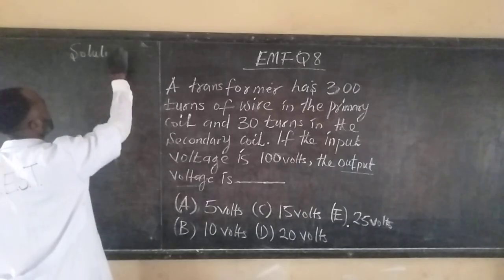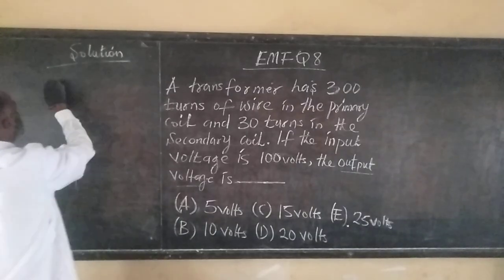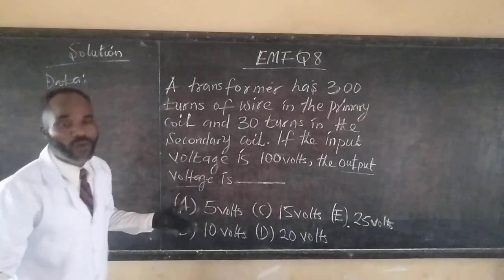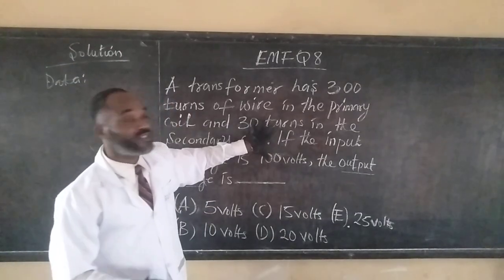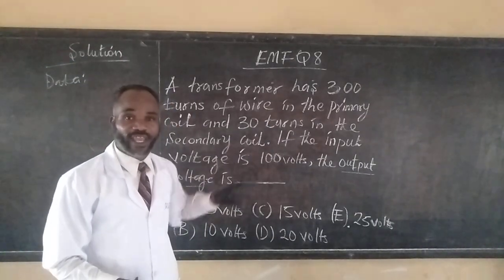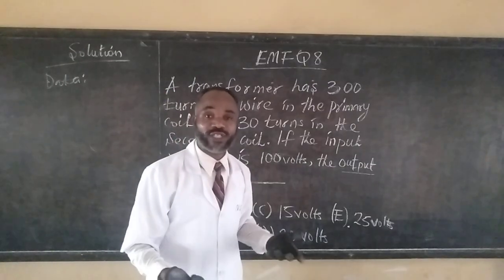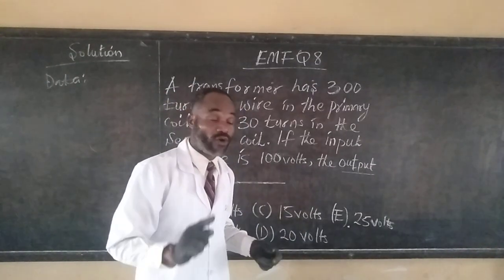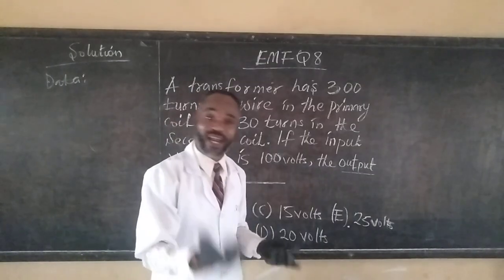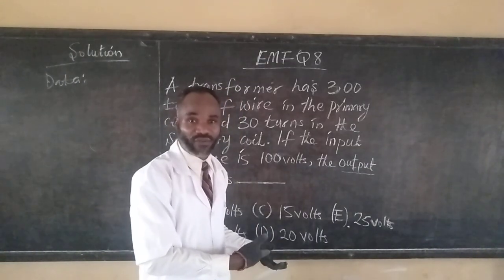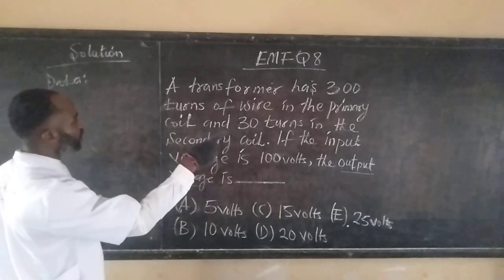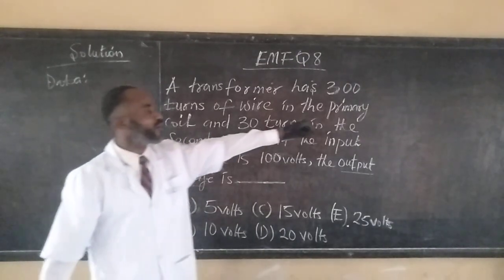Solution once again. We bring out our data. Our data will help us to know the information that the question contains, and what we are expected to find. The one that is missing is the parameter we are expected to find. The first one is 300 turns of wire in the primary coil.